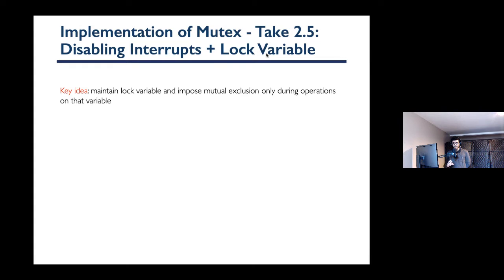And then we enable the interrupts again. So the time that it takes for us to disable interrupts is going to be really short, because the only time that we're going to disable interrupts is to change the value of this variable. Here's the implementation.